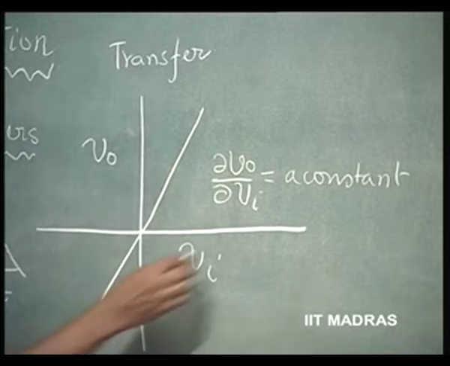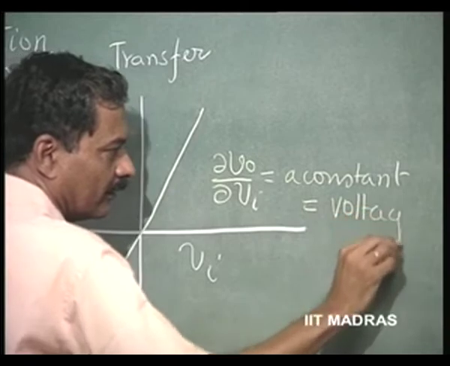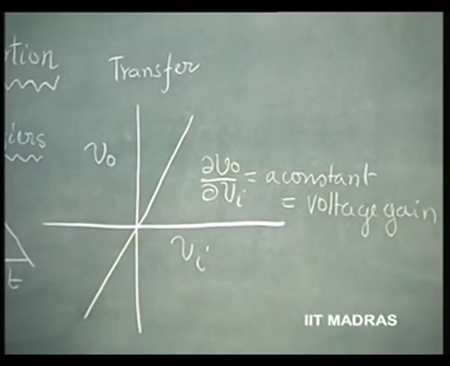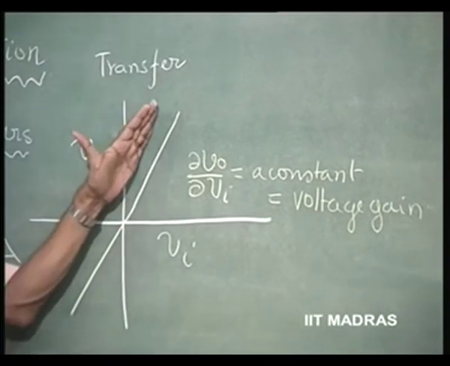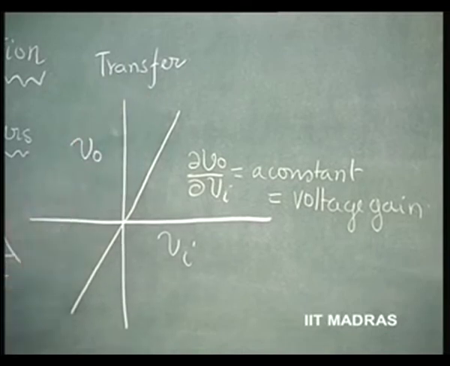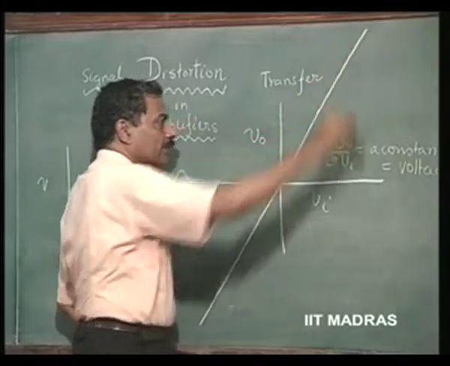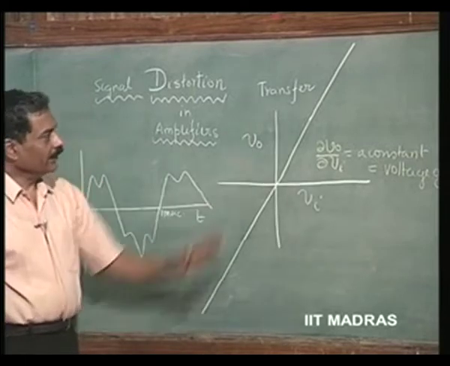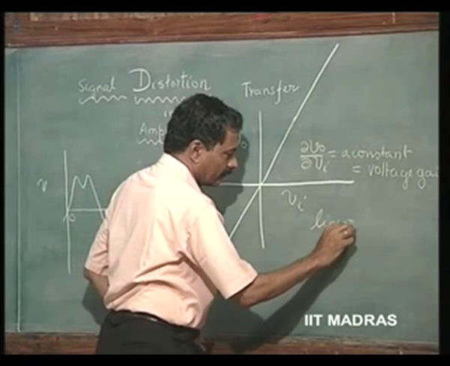This is what is called as the voltage gain of the amplifier. This slope of this is a constant throughout. It remains constant at all points of time, at all voltage levels. Then it is a linear network.